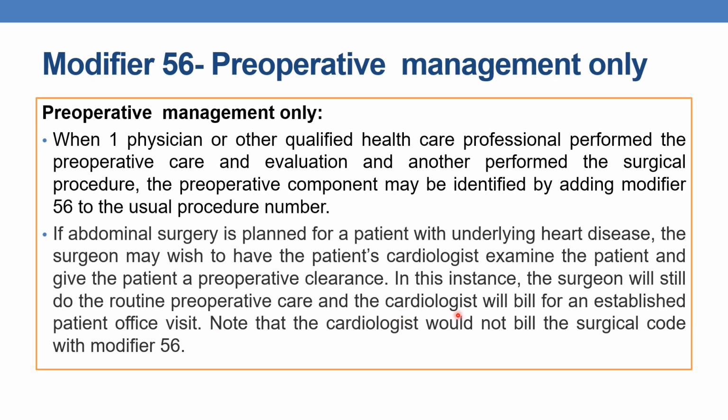And the surgeon, to include his routine preoperative care, can append 56 modifier. But the cardiologist would not bill the surgical code with 56 modifier. Only the surgeon will bill the surgical code with 56 modifier, whereas the cardiologist should bill an established patient office visit.